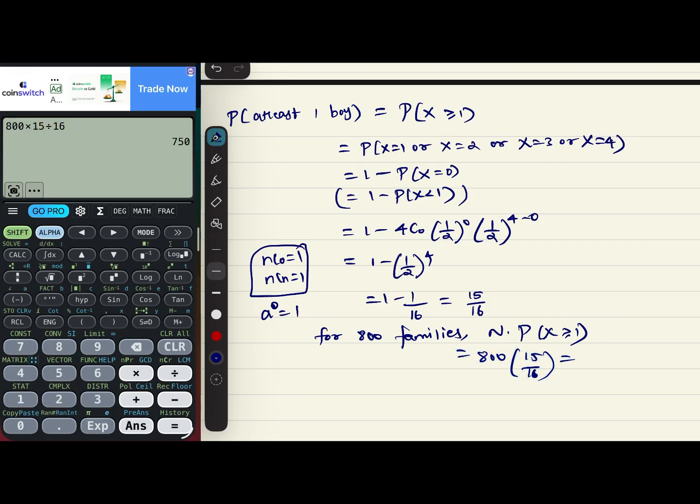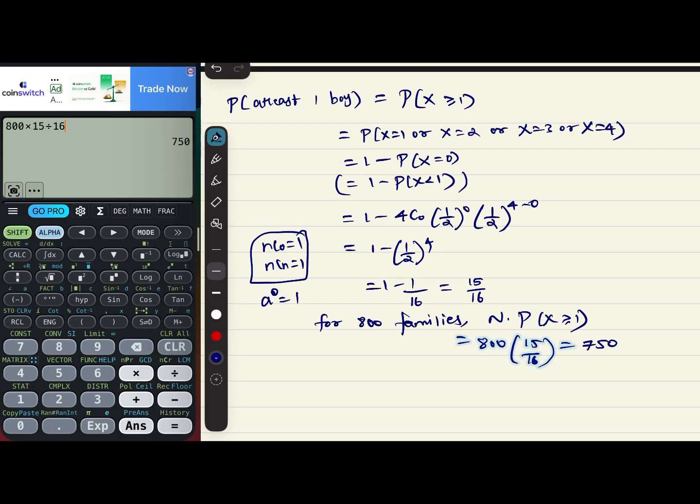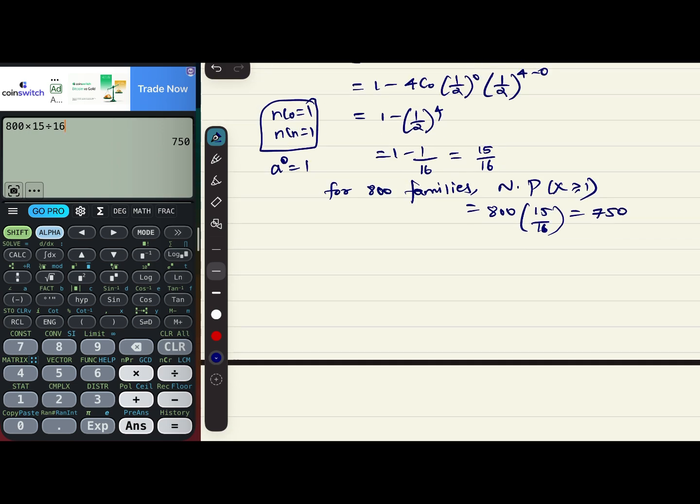That will give you 750. Okay. So 750 families are there with children of at least one boy or more than that. Okay, so that is the meaning, right? Great. Now we can go with the next question.